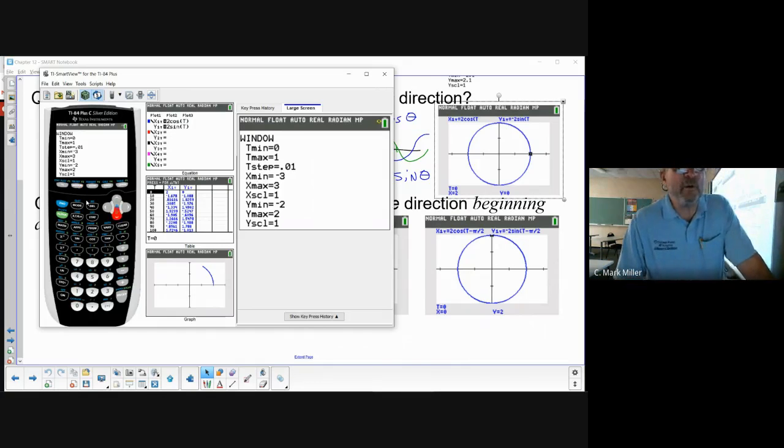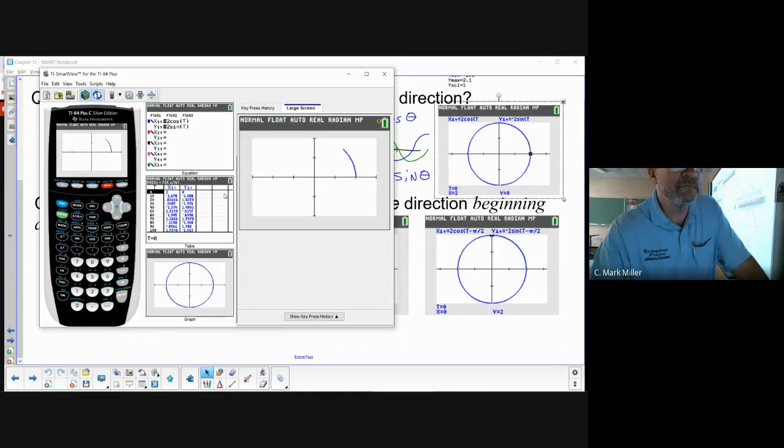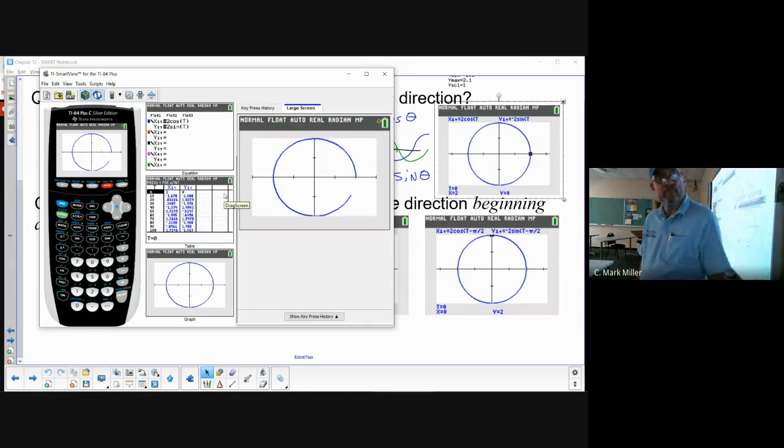We only have t going from 0 to 1, and so I need it to go to 2 times pi. And then let's step that up to 0.1, a little faster. Trace. Okay. That worked.